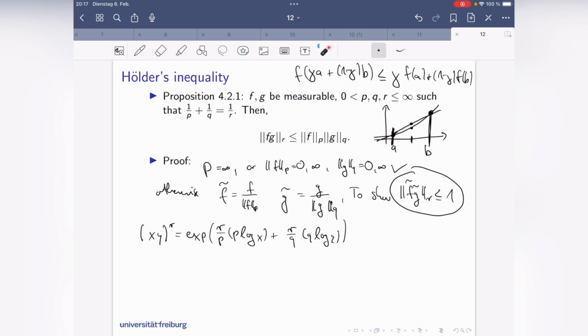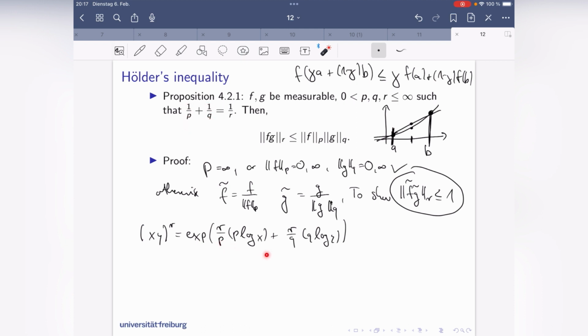And important point, r over p is the gamma here. So r over p plus r over q, which is then here gamma plus 1 minus gamma, that must be 1. And actually r over p plus r over q, when you look at this here and multiply this equation here by r, you have r over p plus r over q equals 1.